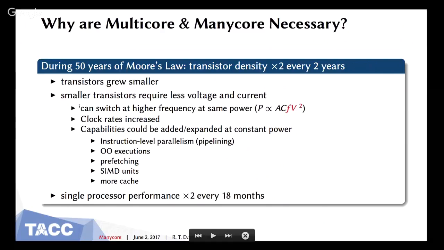They can do things that we were doing in software and put them into hardware. And that's where you get the pipelining, out of order execution, cache prefetching, the SIMD units, which will be the vector units we'll talk about later, and bigger caches.